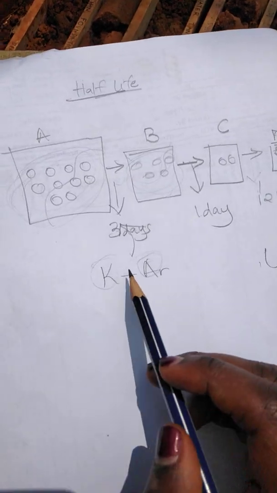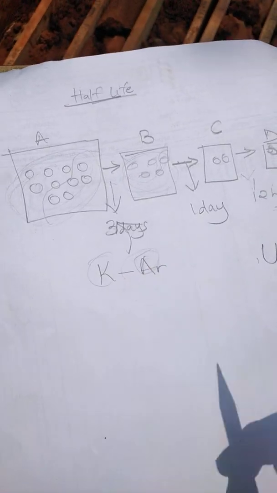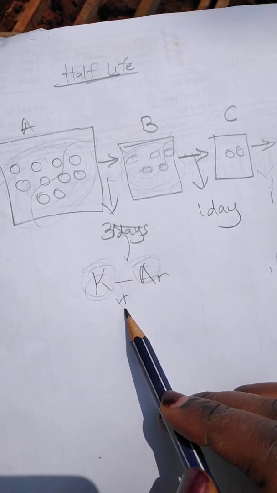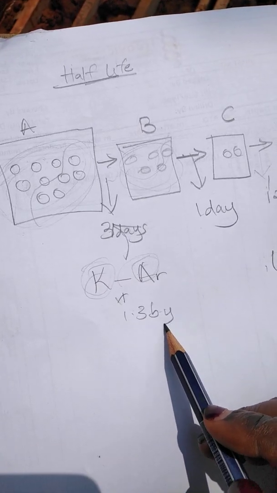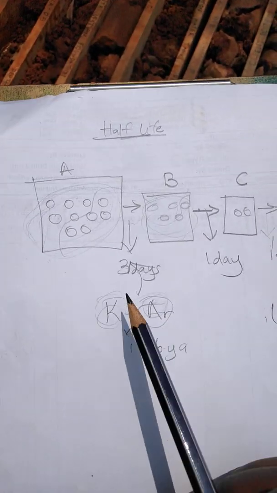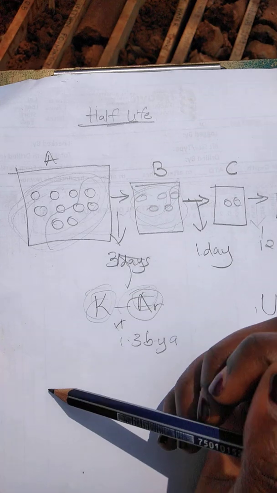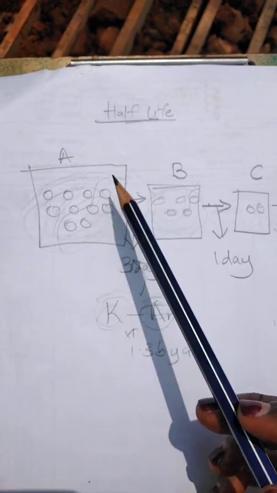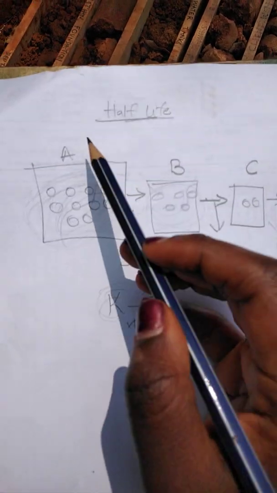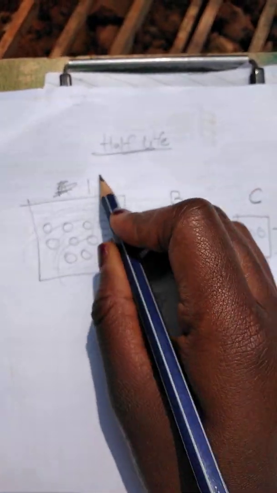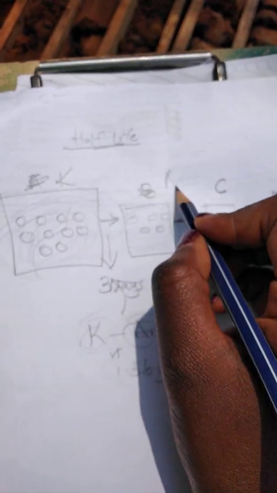Then there's also potassium-argon. The idea is it takes potassium 1.3 billion years to become the stable isotope argon. So here, let's say these are your atoms or the ions or the radioactive elements, and this is your element, and then this is your argon.